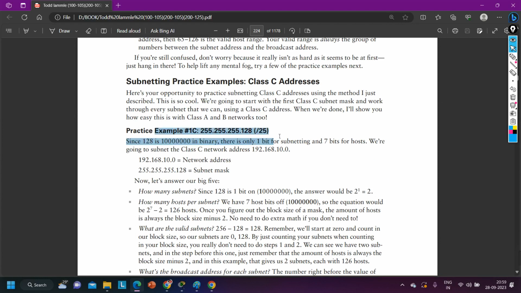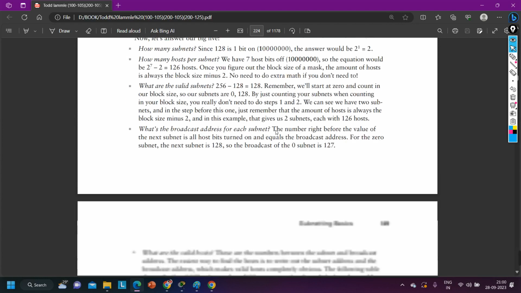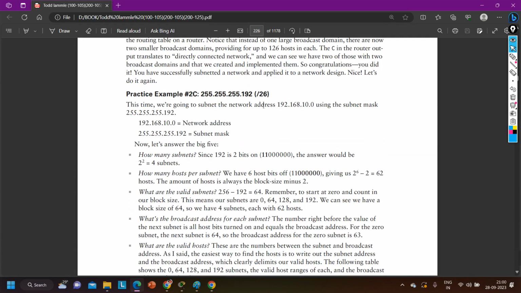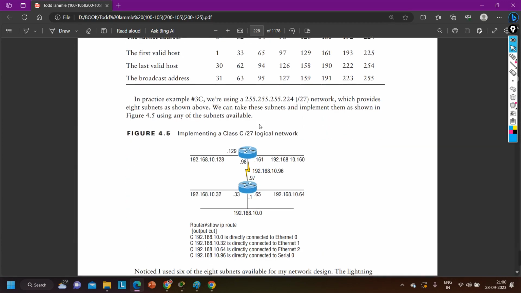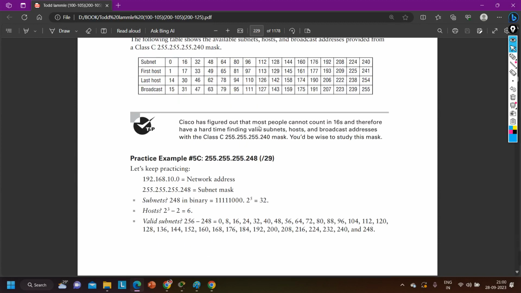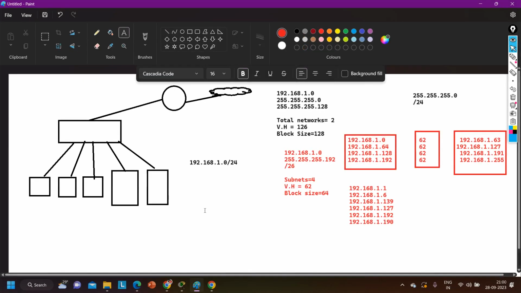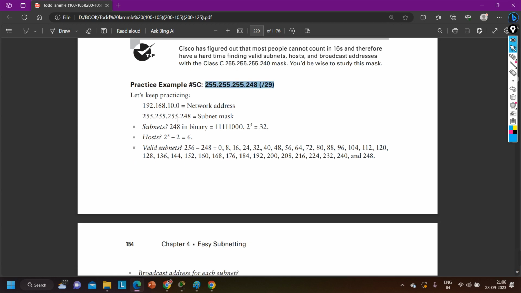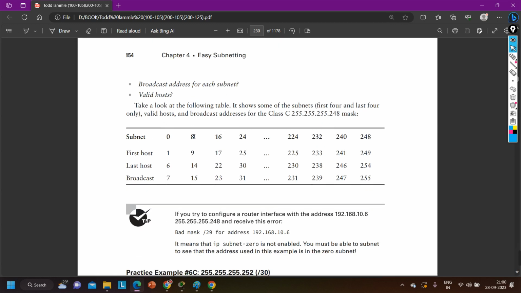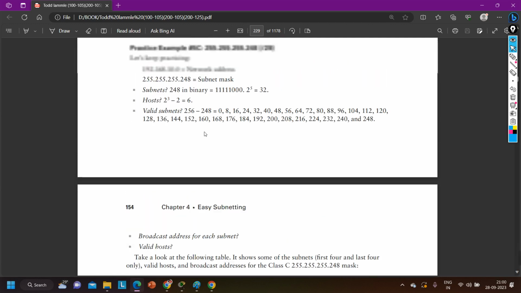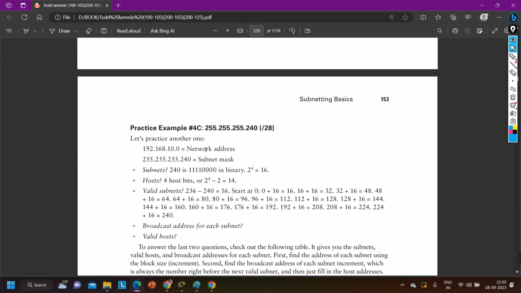Let me show you. From class B, you can see first you will practice with slash 25, then slash 26, slash 27, 28. Let me give you this example to solve. Guys, please find everything with this subnet mask: number of networks, valid hosts, first valid IP address. Here is the answer also.